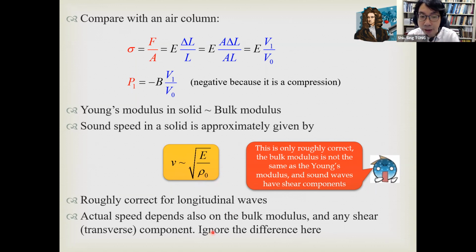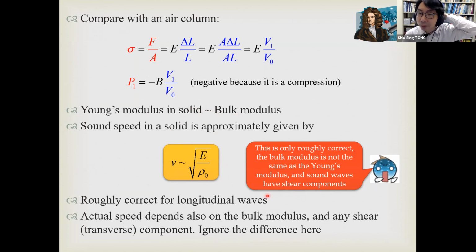But there's also a transverse wave in a solid. Sound can propagate as a transverse wave inside a solid because there is a shear force between two layers of material, and that cannot be described by this formula. Also, I actually confused the bulk modulus with the Young's modulus here.